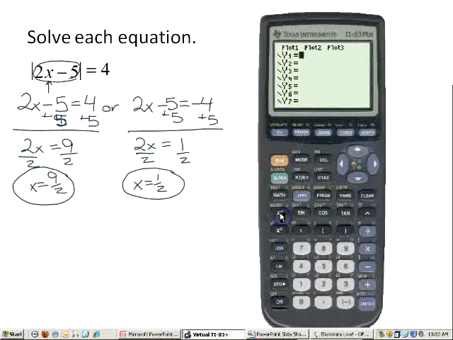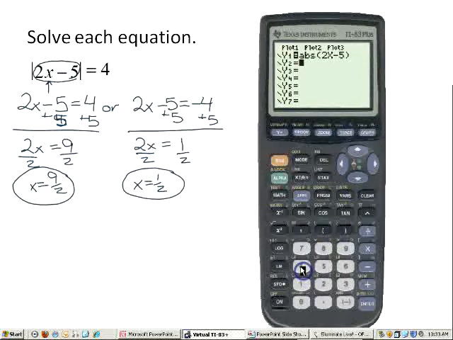Go to your y equals screen, and to get to the absolute value function, you go to the math key, then you arrow over to the num column, and it's the first option there. ABS, then inside the parentheses you put whatever is inside the absolute value bars. So for this problem, it would be 2x minus 5.